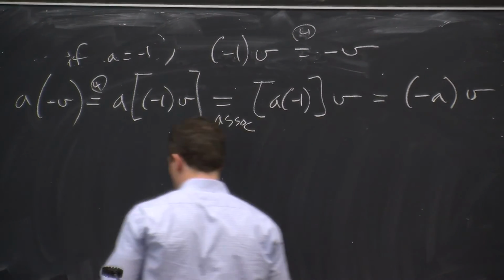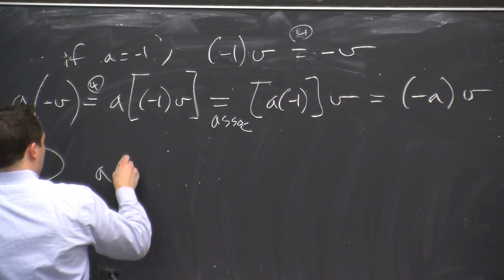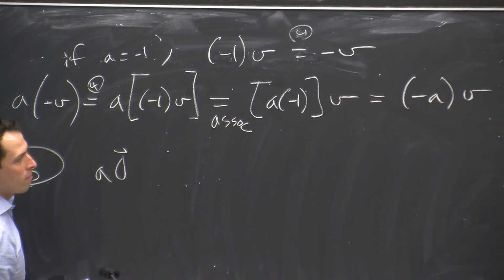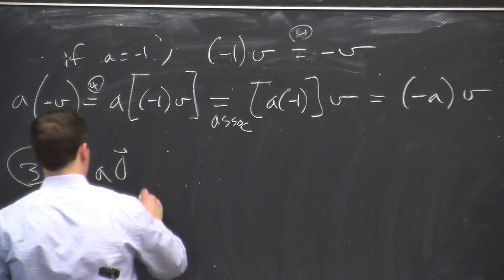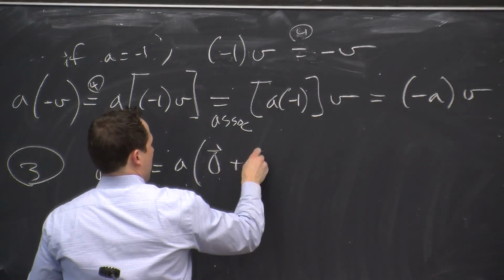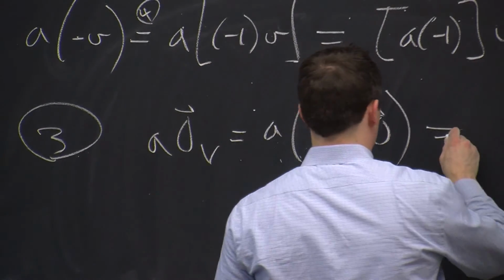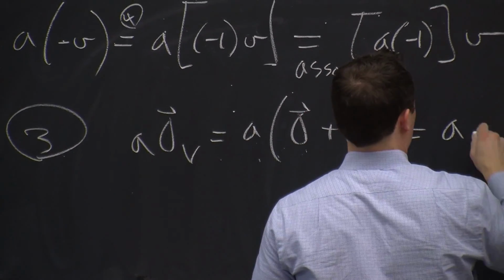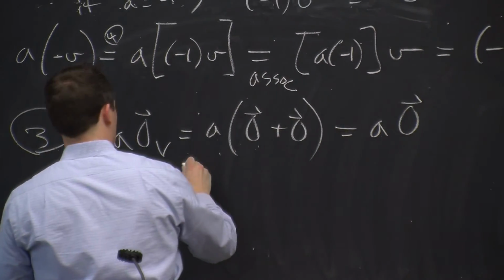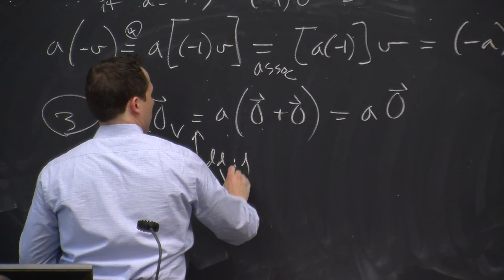And the very last one, let's do it like this. A times 0 in the vector space. We'll do another weird thing where we add 0 to itself. Distribute. So this is additive identity in the vector space.